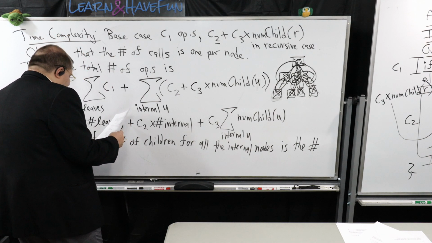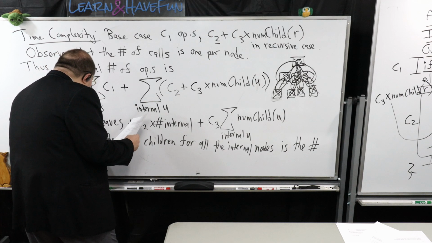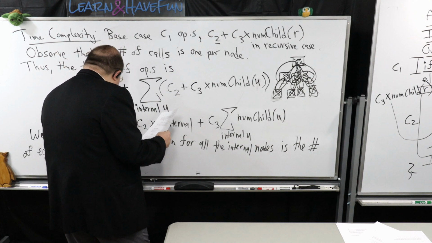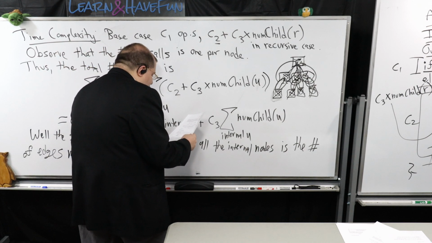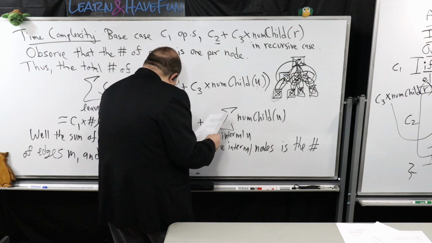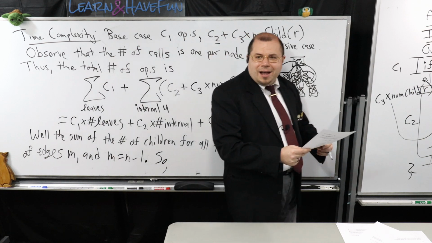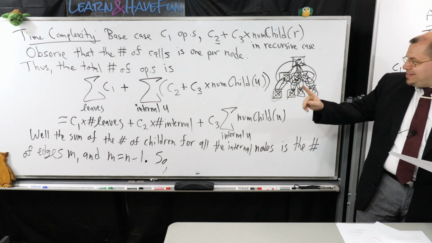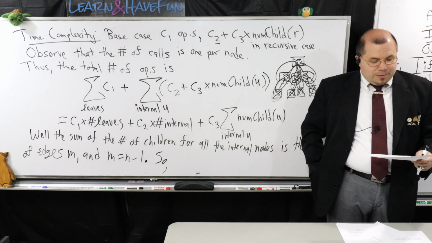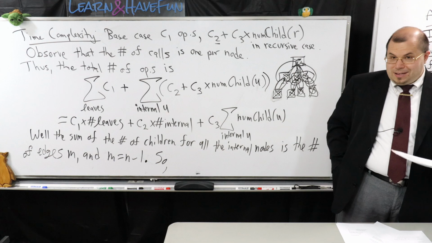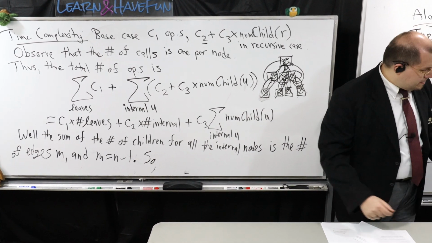It's just the number of edges m. And we know from the tree property we just talked about that m is equal to n minus 1. So we have the following. Let me simplify this one step further, and then we'll be done with our analysis. Let me finish that up over here.